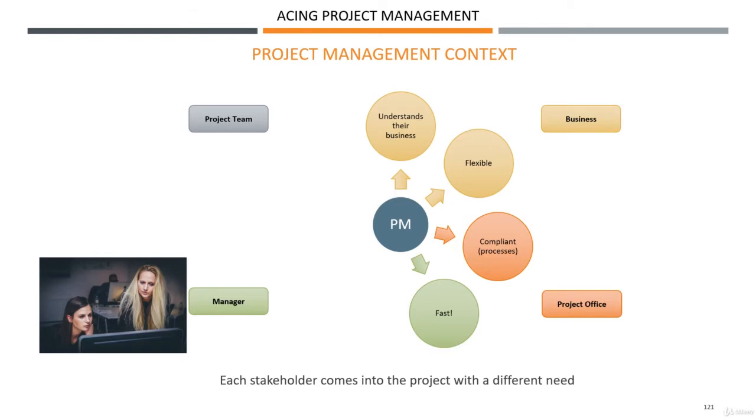Now you already see probably a bit of a challenge here without going any further. I just want to highlight that quickly: you have stakeholders here who want you to be flexible and compliant. It's not always compatible.